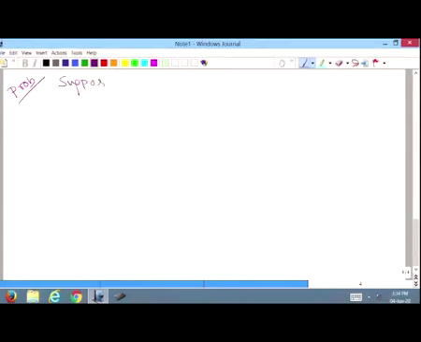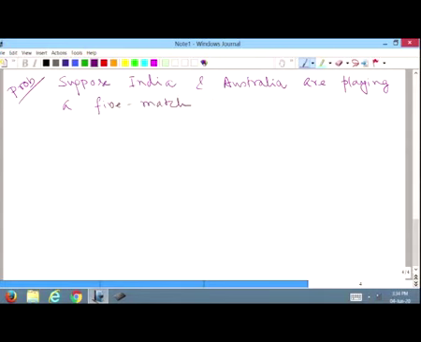Suppose India and Australia are playing a 5-match test series.